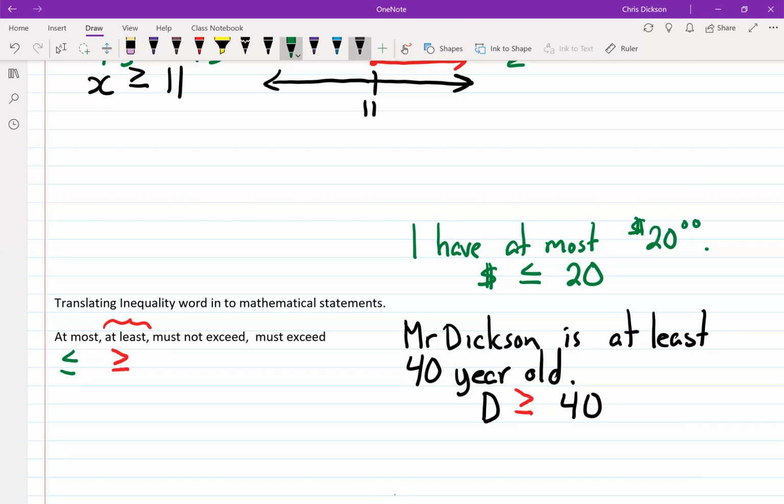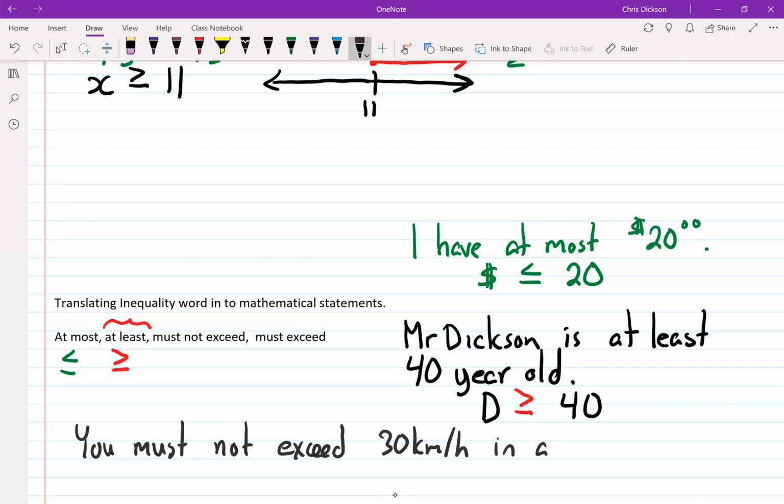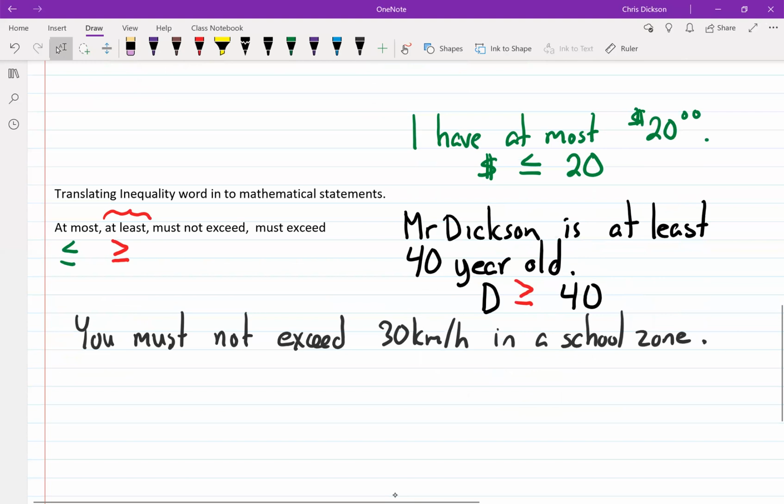And another phrase, must not exceed. You're a bit young for this, but I'm sure you've seen this: you must not exceed 30 kilometers per hour in a school zone. Now, if you misinterpret that, you're going to get a ticket.